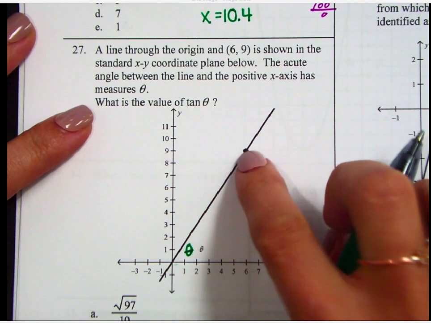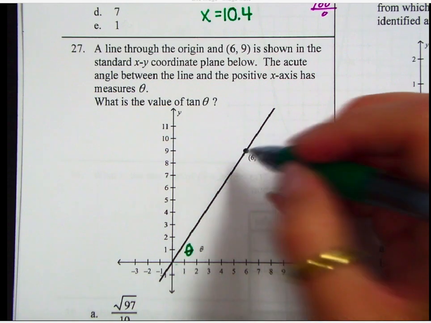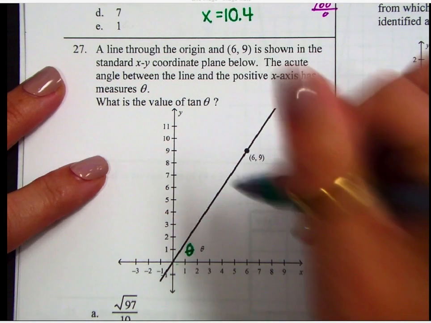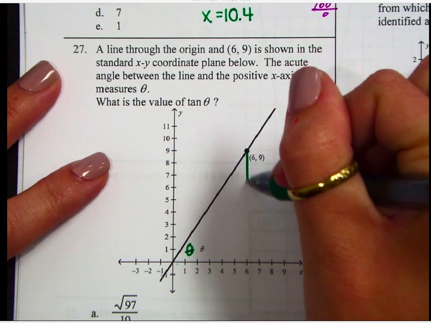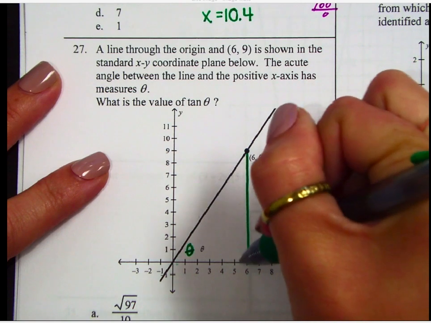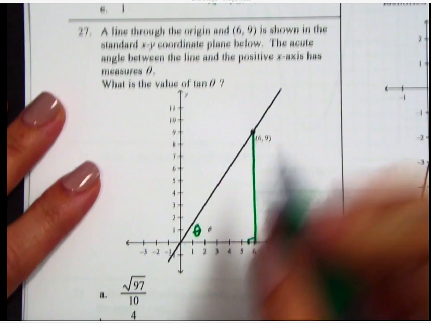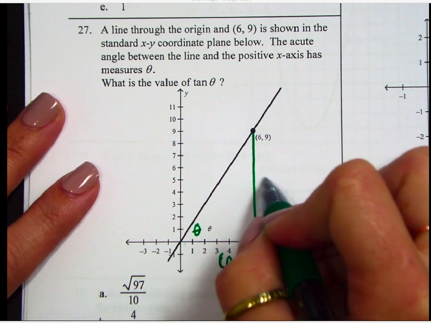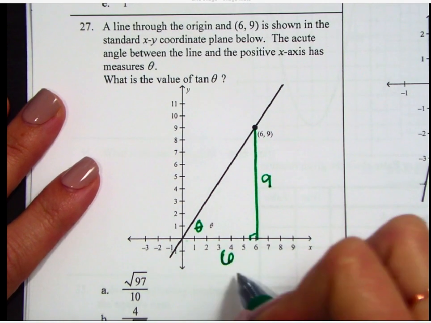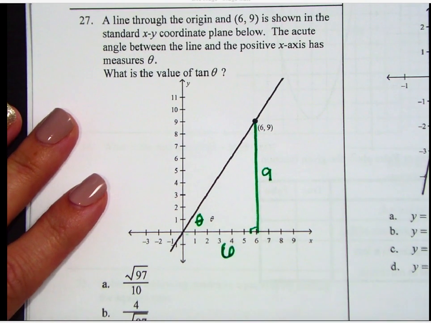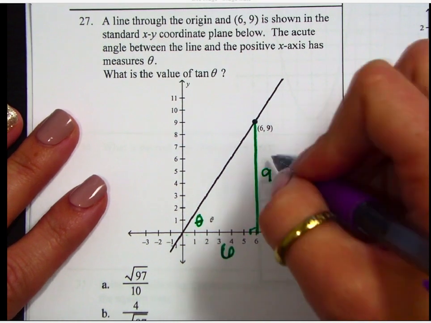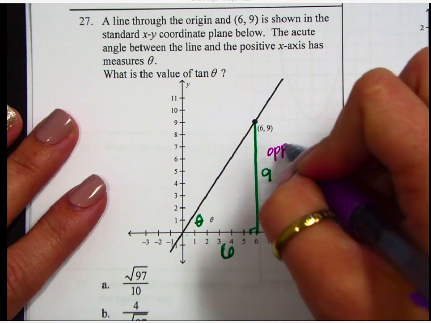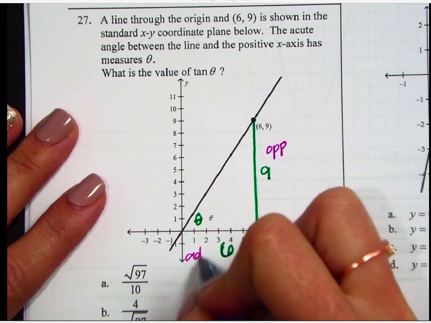So if you look at your ordered pair (6, 9), we can find tangent if you think about this as a right triangle. Because of the ordered pair (6, 9), that means we are 6 on the x-axis and then 9 on the y. So that's going to label 2 of our sides in the triangle. This is our opposite from theta and our adjacent to theta.